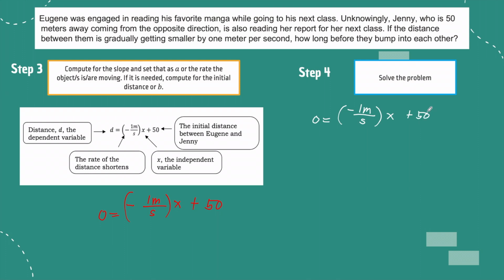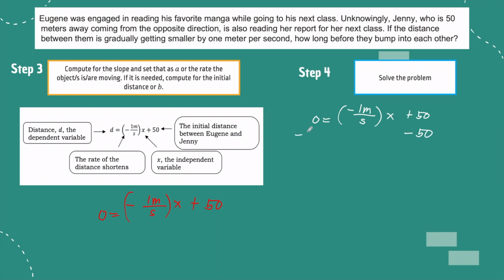Katulad ng ginagawa natin before, we isolate the variables. Kailangan sa isang side lang yung may variable, tapos sa isang side yung mga walang variable. So, yung x, pwedeng dito na siya, pero may 50 ka pa. So, ang goal mo is mawala yung 50. Para mawala yung 50, you can do addition property of equality, or you can do yung shortcut natin na transpose. So, if you will do addition property of equality, magma-minus 50 or mag-add ako ng negative 50 dyan.